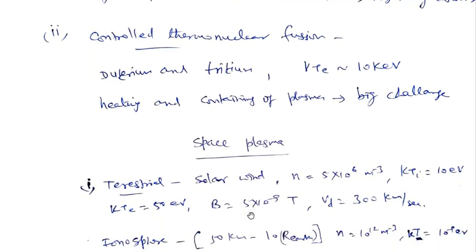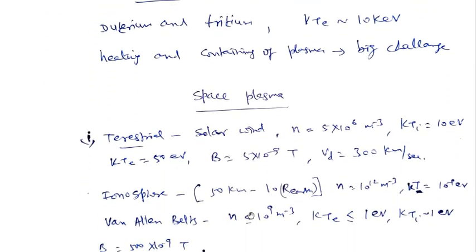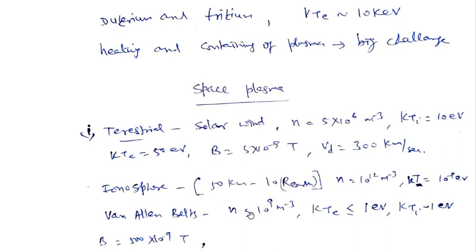Another plasma source is found in space, termed space plasma. First is terrestrial plasma.